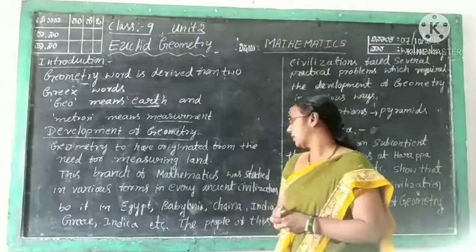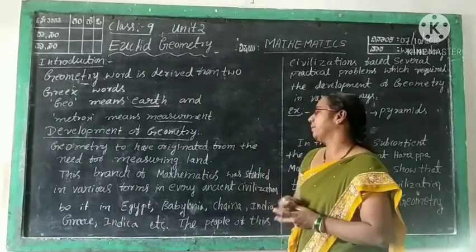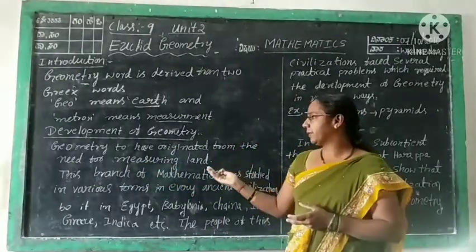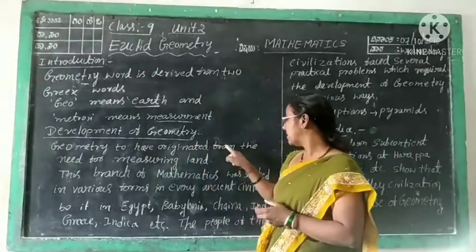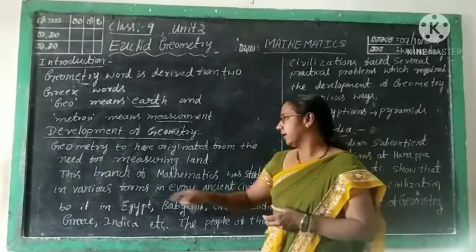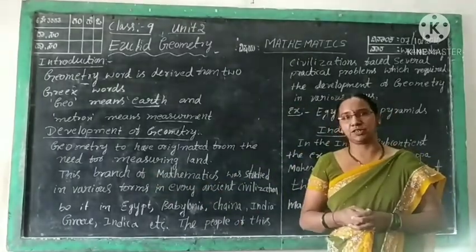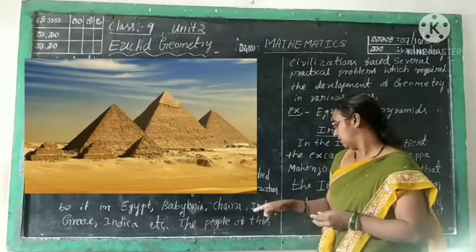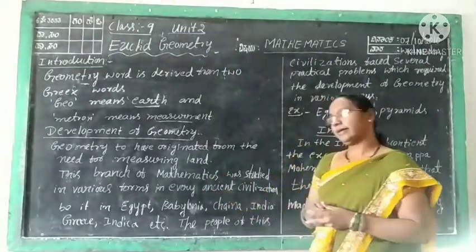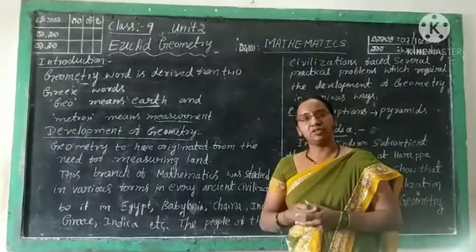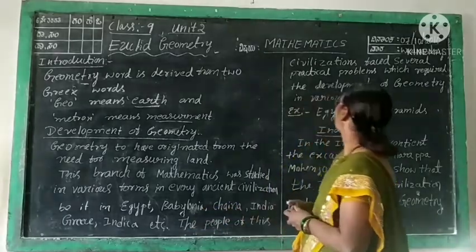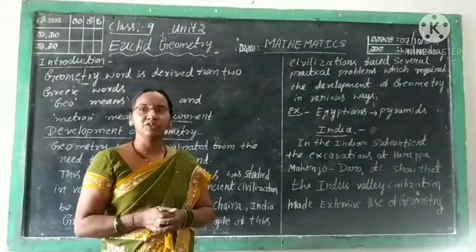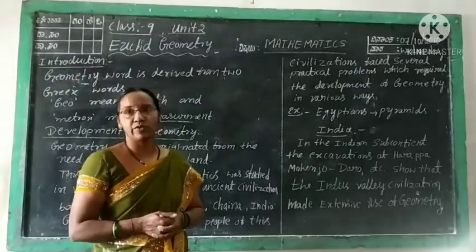Geometry originated from the need for measuring land. This branch of mathematics was studied in various civilizations like Egypt, Babylonia, China, India, Greece, etc. The people of these civilizations faced several practical problems which led to the development of geometry in various ways.